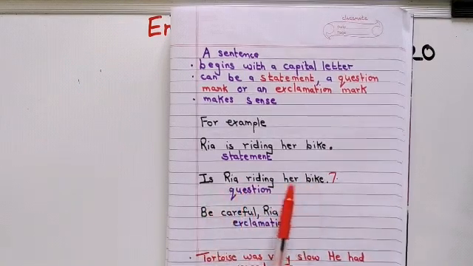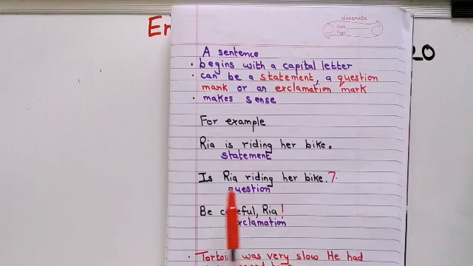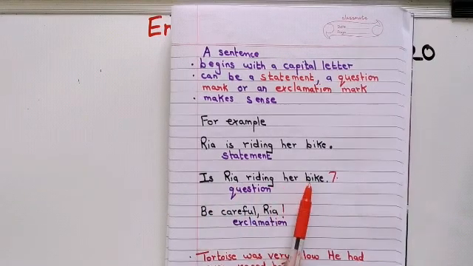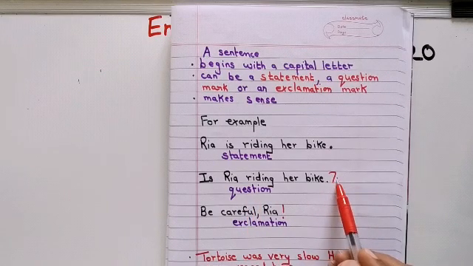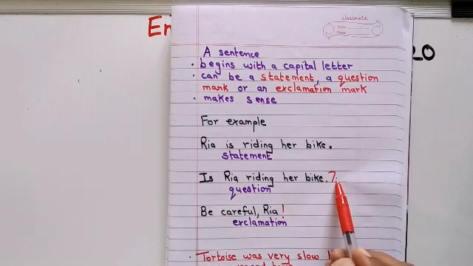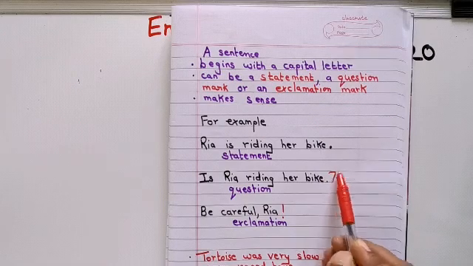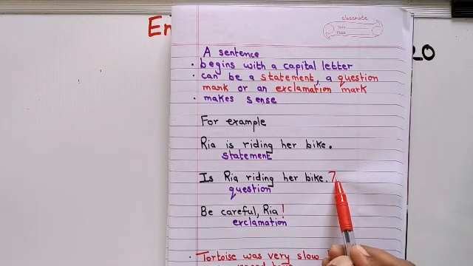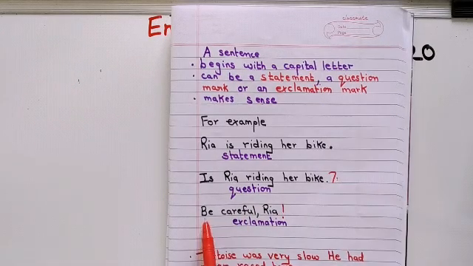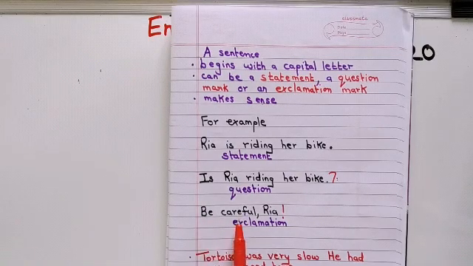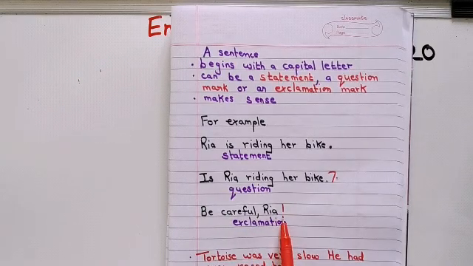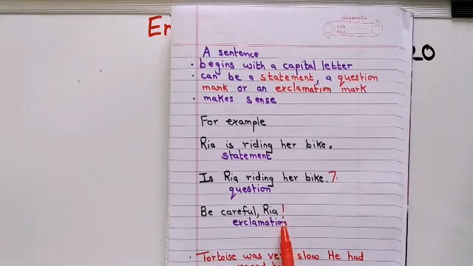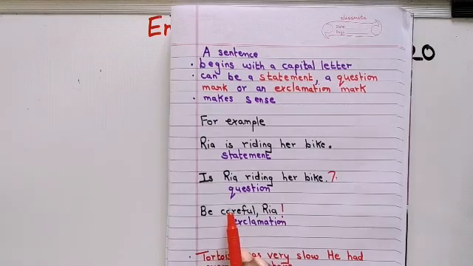Now this is also a sentence. And here at the end I am going to put a question mark. Now look at the third one. Be careful, Riya! So here comes the exclamation mark.